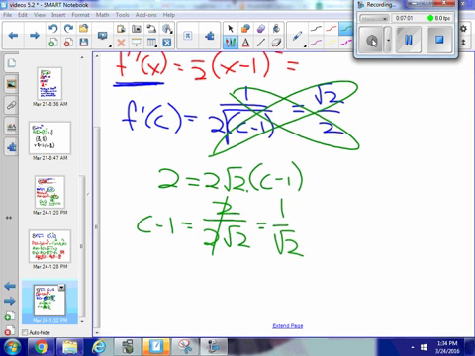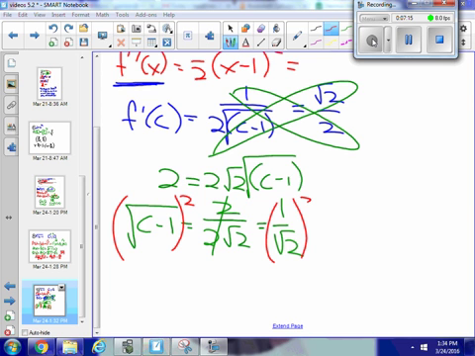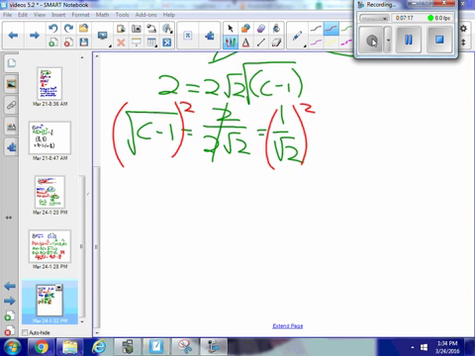Made a mistake, this is the square root of c minus 1. So now I need to square both sides, and I get c minus 1 is equal to 1/2. So c is equal to 3/2.